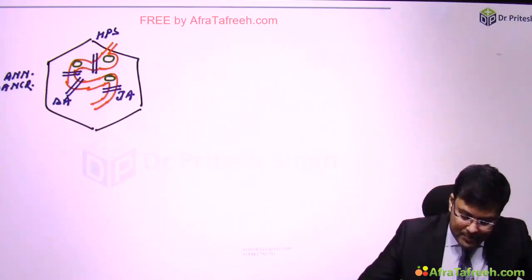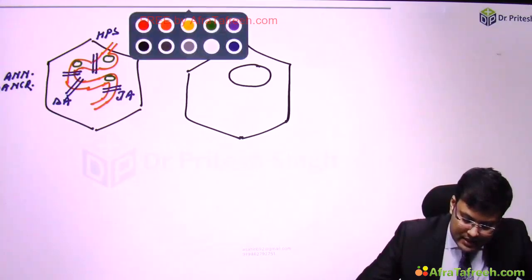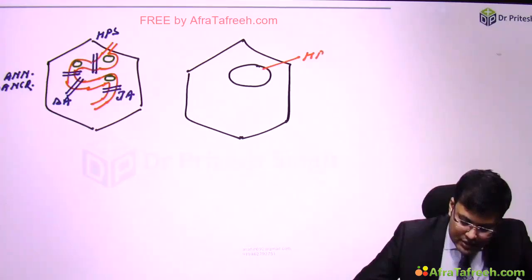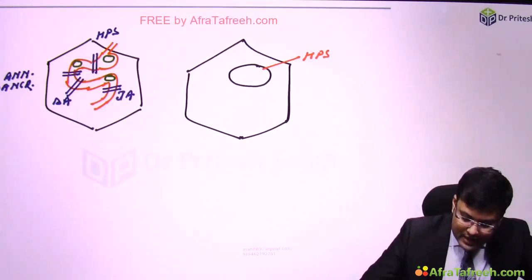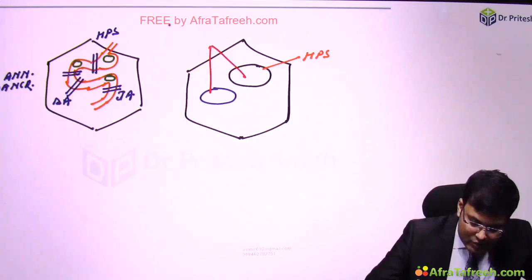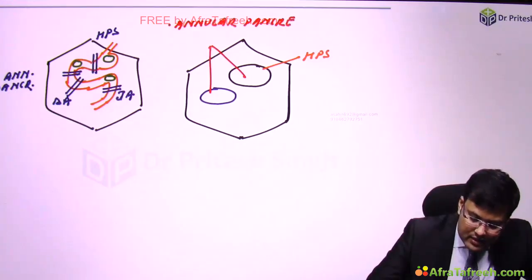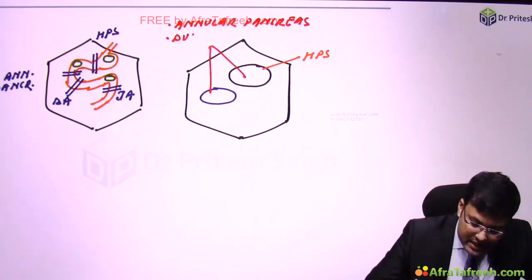So see the diagram. If we find a single bubble, it is seen in hypertrophic pyloric stenosis. If we are going to find two bubbles, it is seen in first annular pancreas, and second duodenal atresia.